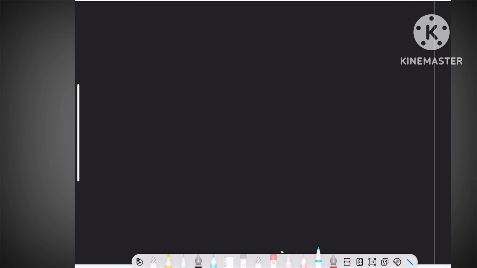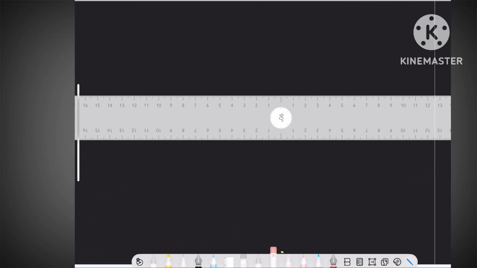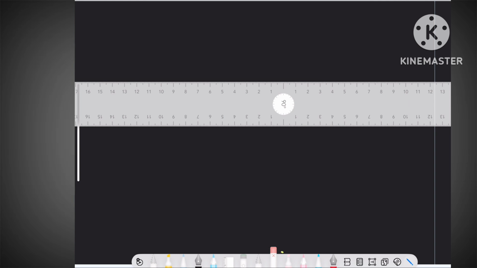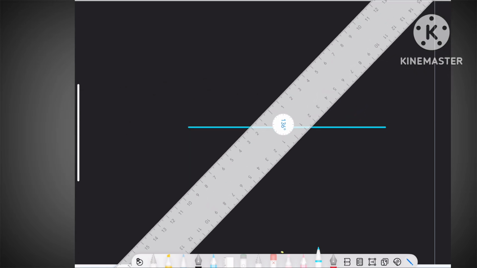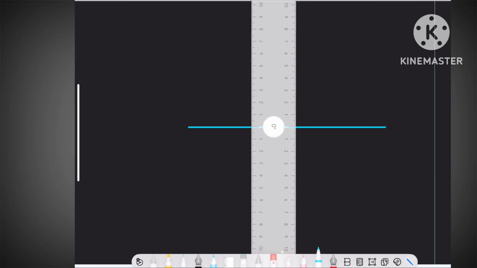So in the coordinate system, there are lines, basically a plus sign: a vertical line, and then a horizontal line coming from the middle of this vertical line.